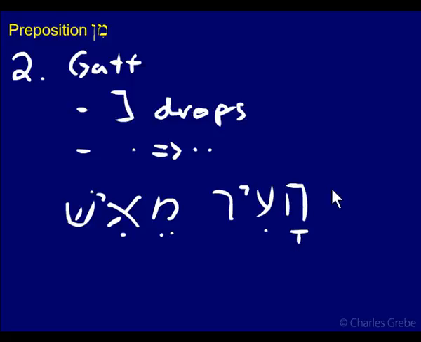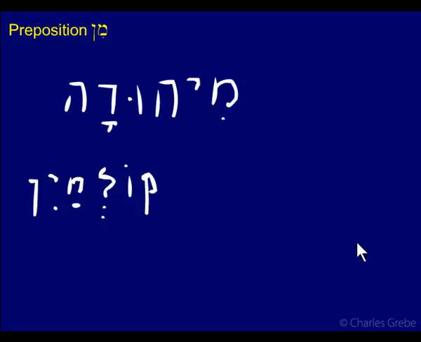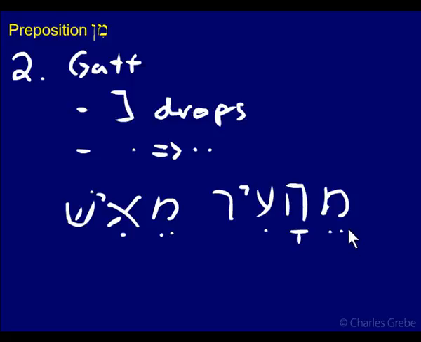So, min, the nun will not assimilate. You'll get your meme, and because the nun has not assimilated, it will drop because this cannot double. Then you'll get lengthening, compensatory lengthening. Okay, so with non-gutturals, nun assimilates, and you see it as a dagesh. With gutturals, it drops, and you get compensatory lengthening.